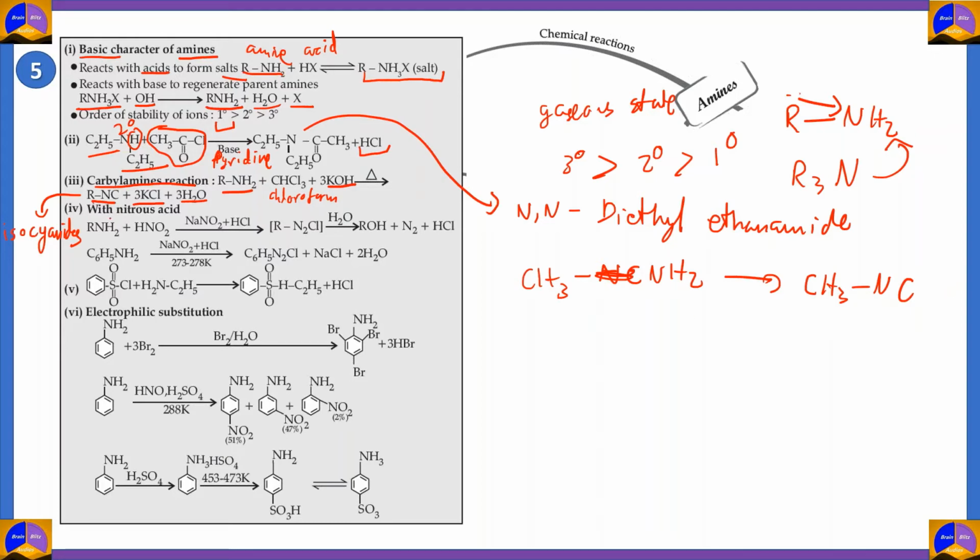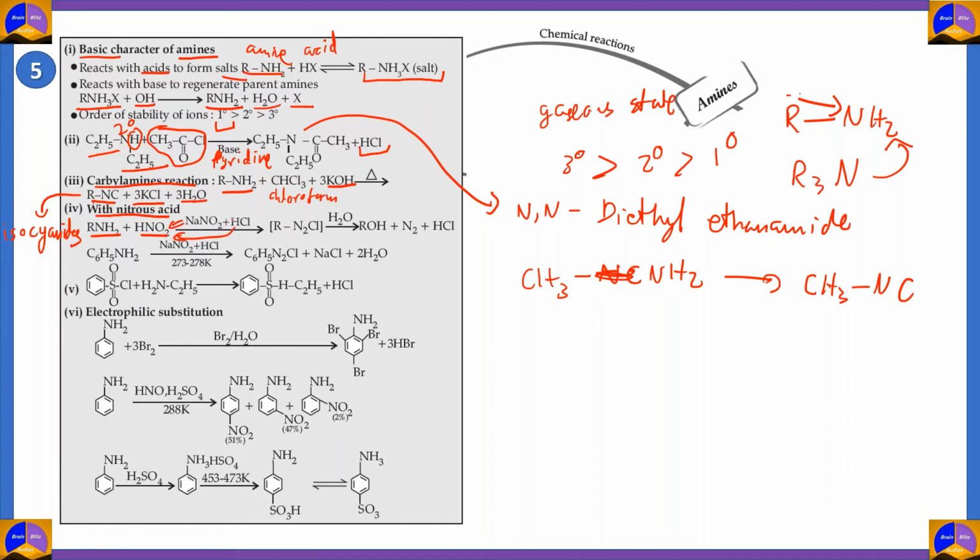Let's look at the next reaction, the reaction with nitrous acid. Amines are classified into aliphatic and aromatic amines, so we have two reactions for the same acid. RNH2, which represents an aliphatic amine, reacts with HNO2, nitrous acid, which is formed using a NaNO2 and HCl mixture.